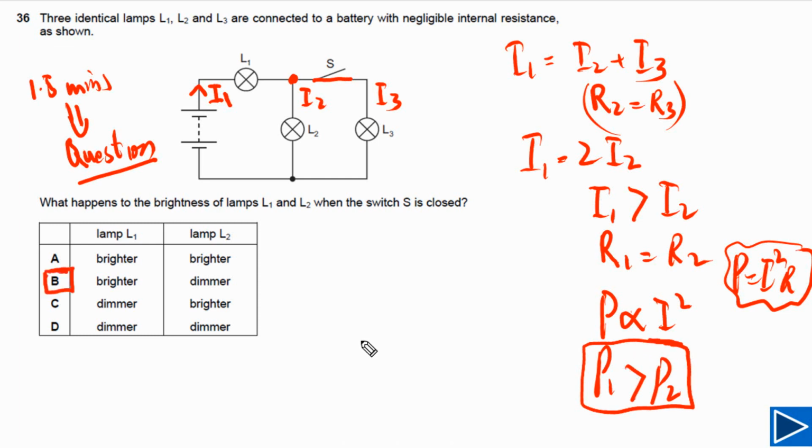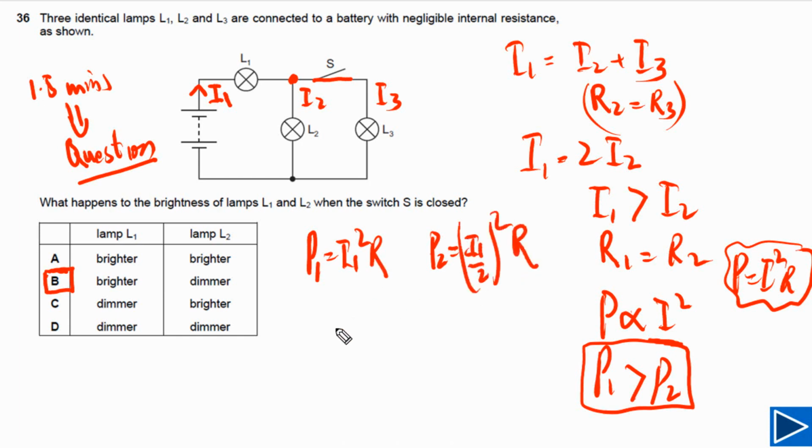But if they ask you how many times lamp 1 is brighter than lamp 2, then you have to use the formula. You will simply say P1 is equal to I1 squared times R, and P2 is equal to (I1 by 2) squared times R. Now if we solve this P2, we will get I1 squared times R divided by 4.